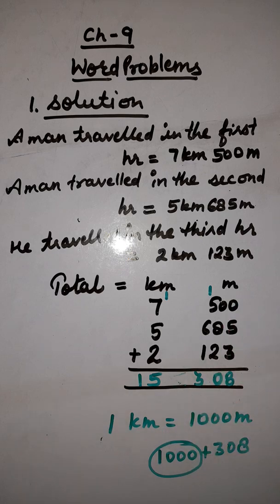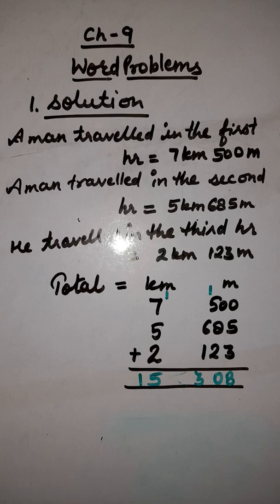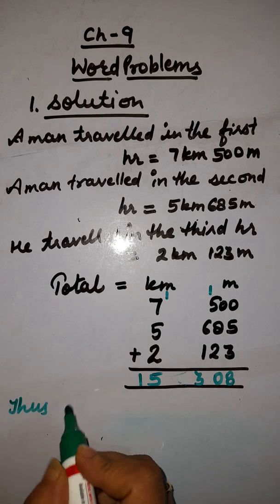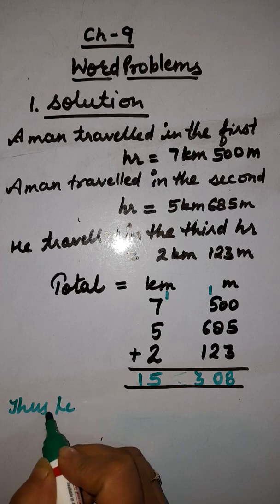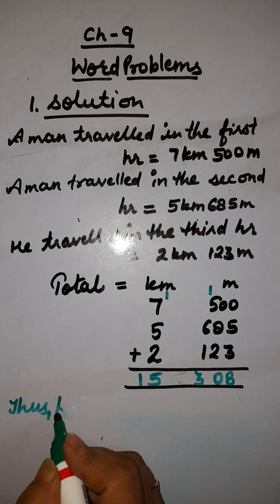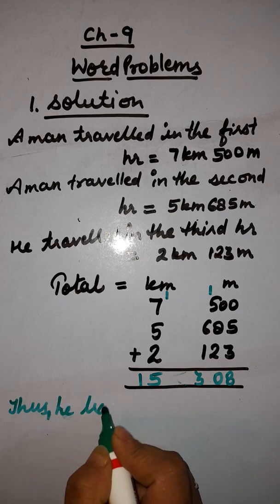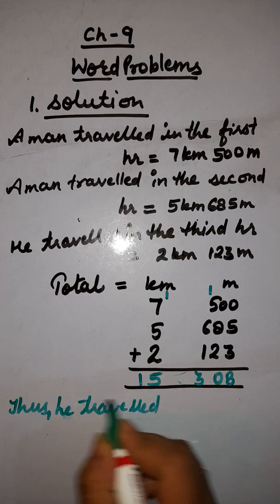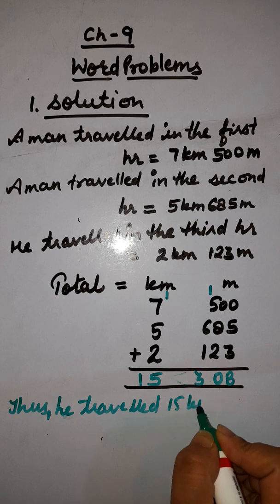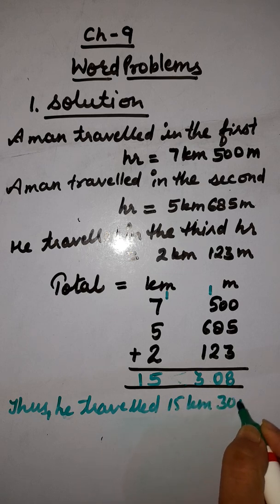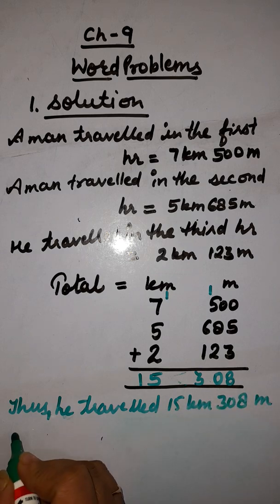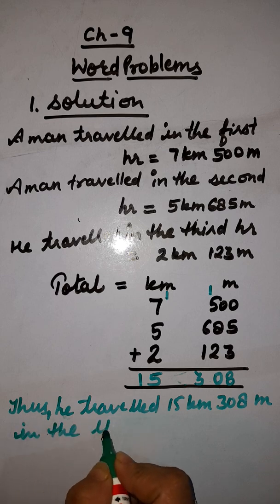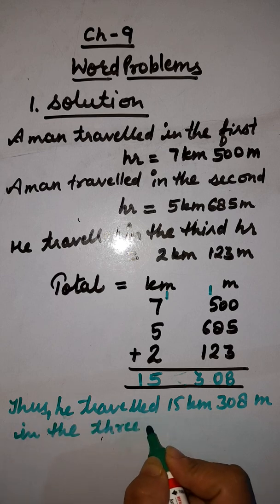Now we'll write the last statement. Thus, he traveled 15 kilometer, 308 meter in the 3 hours.